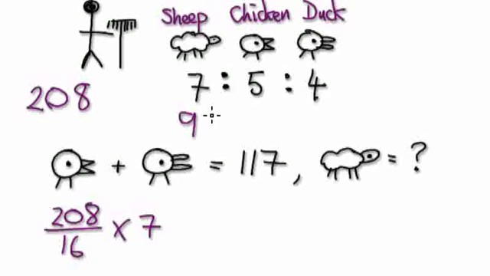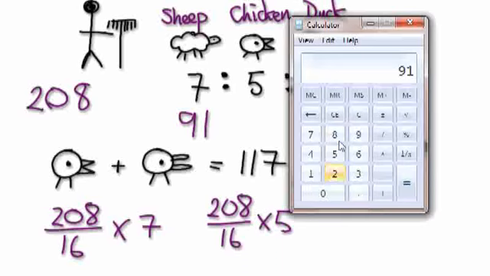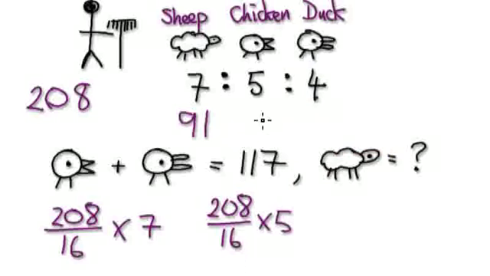Now, if you want to know the number of chickens, it will be 208 cut up into 16 equal pieces, and then take 5 pieces. So 208 divided by 16, and then times 5 equals 65.